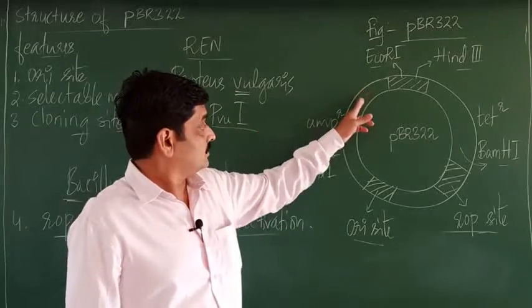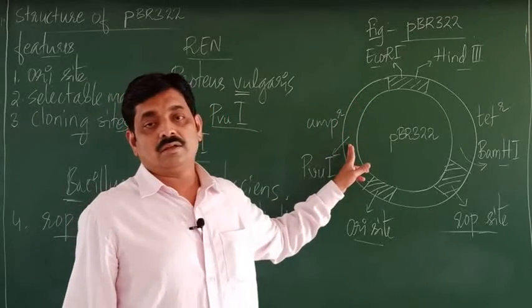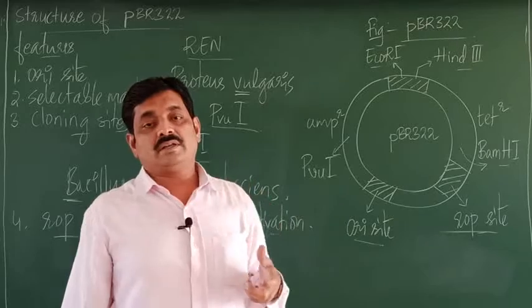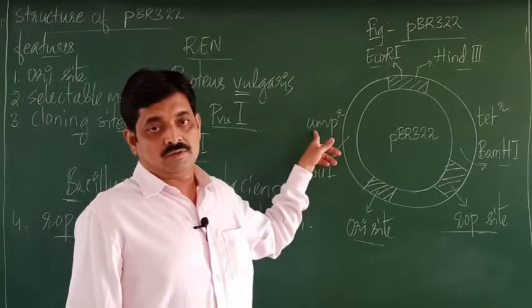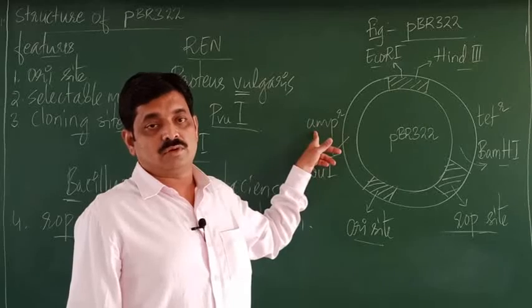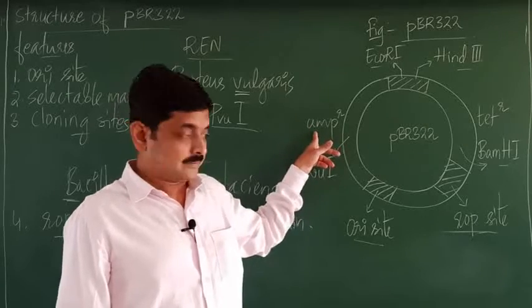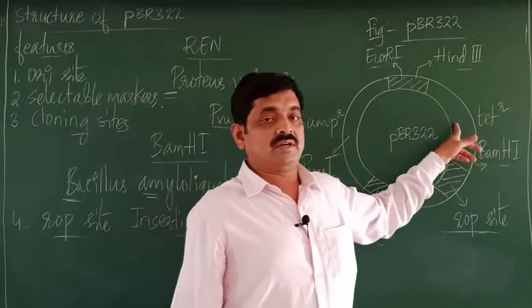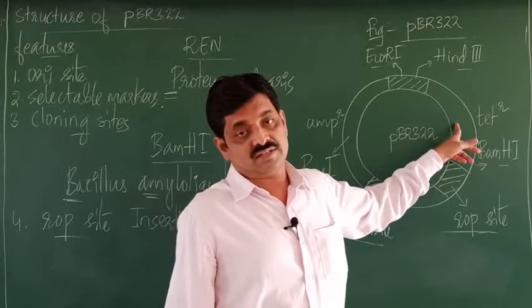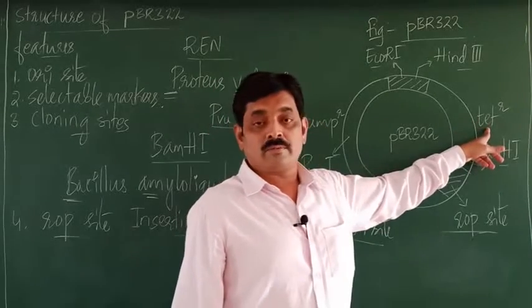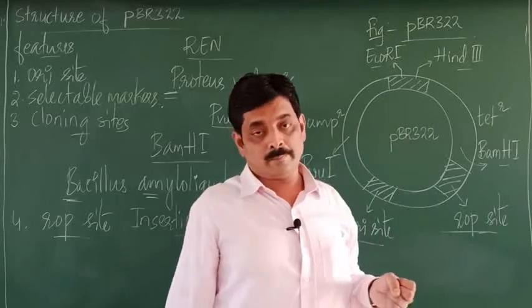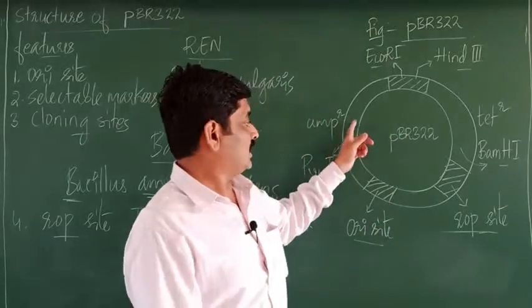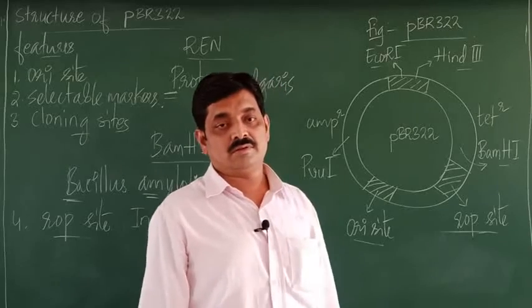Now here, this is the antibiotic resistance site, AmpR, which provides resistance to the antibiotic ampicillin. This is another antibiotic resistance site, TetR, that provides resistance to another antibiotic called tetracycline. So these two are the selectable markers.